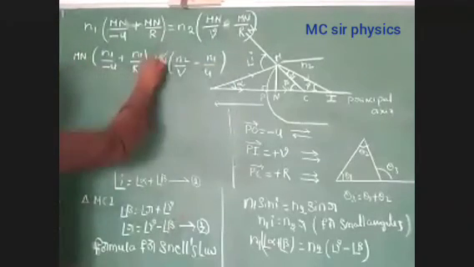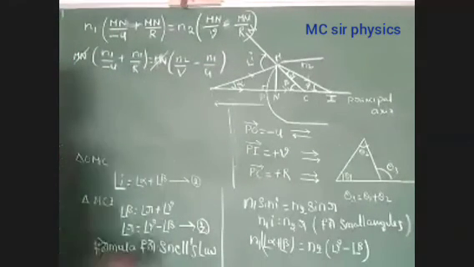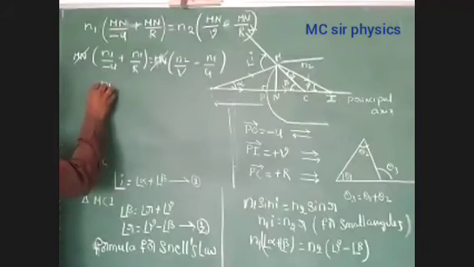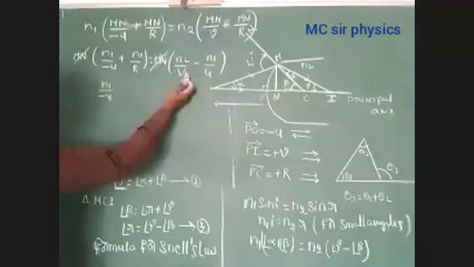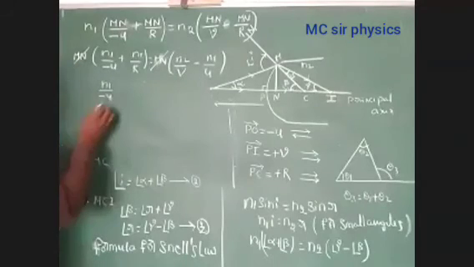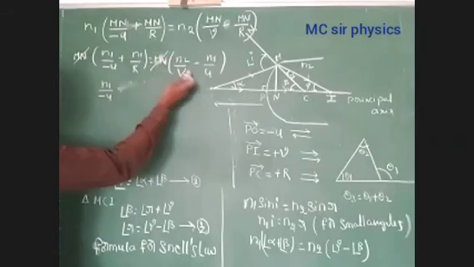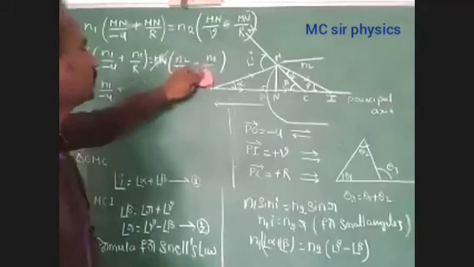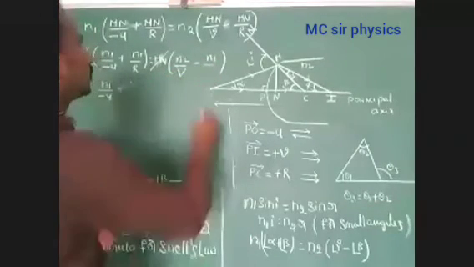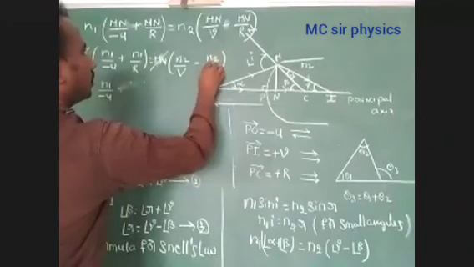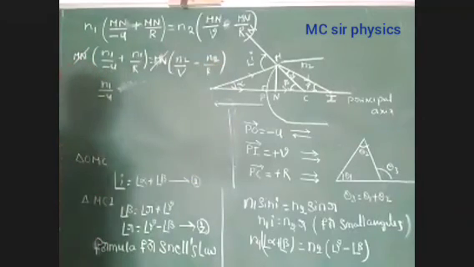On both sides we cancel the MN values. The next one, n1 by minus u, plus n2 by v. Come to the left-hand side, we write plus n2 by R. Understood? Do you have any doubt?